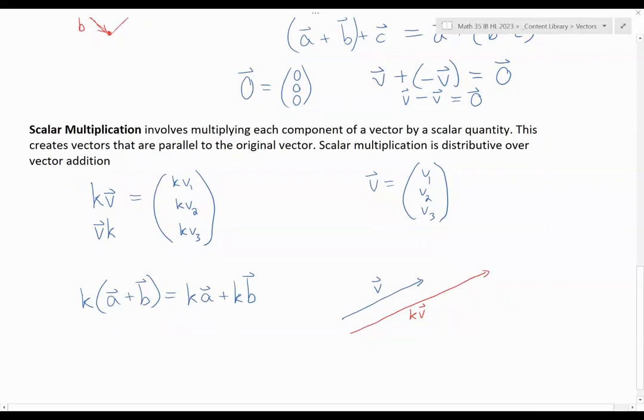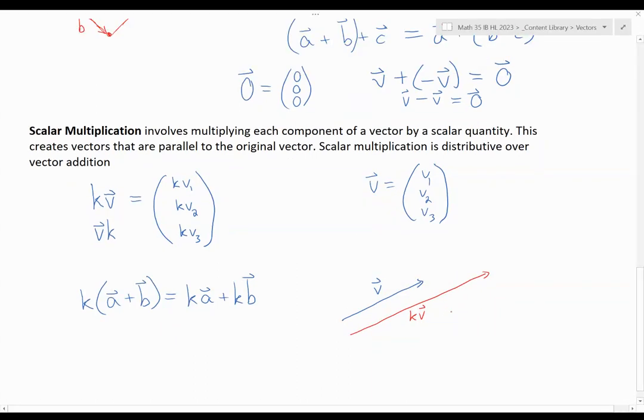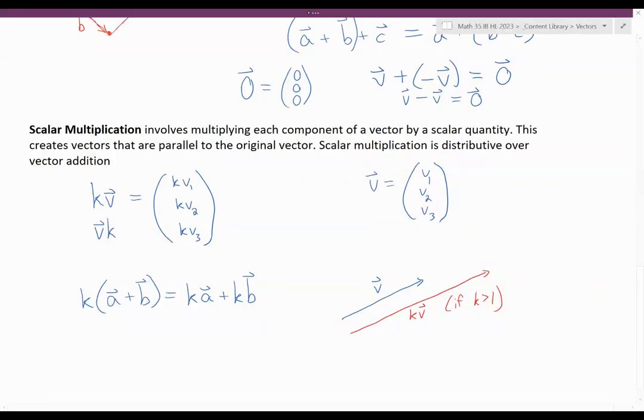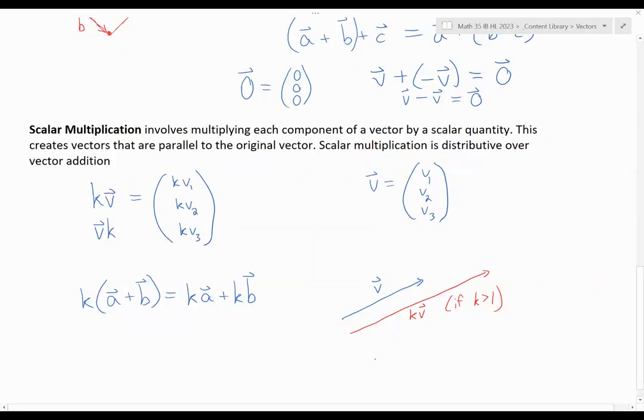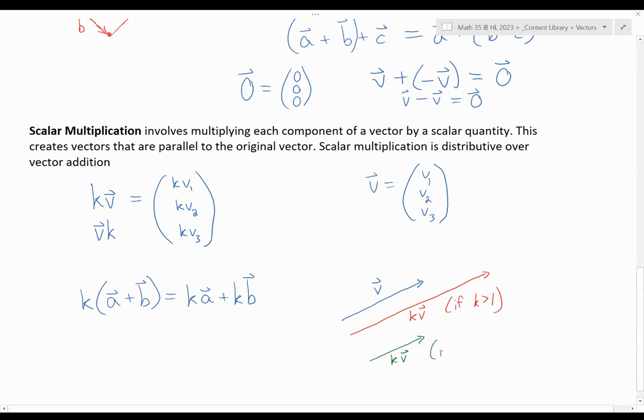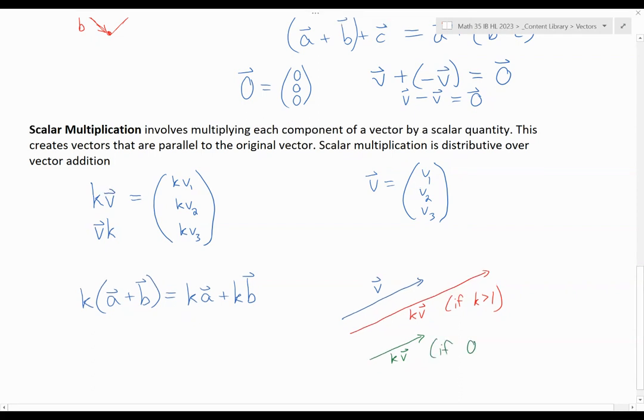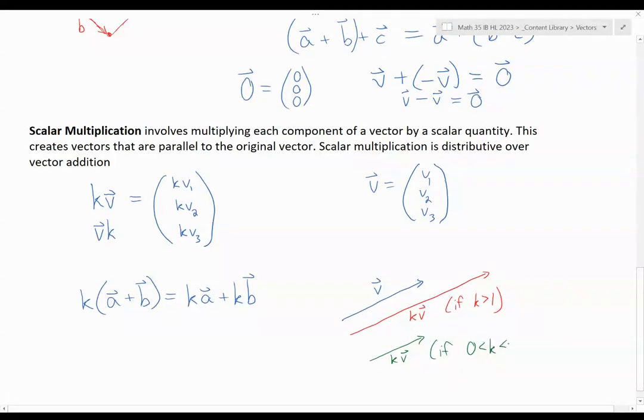So this would be if k is greater than 1. If k is less than 1, then that's going to shorten kv, still parallel, it's going in the same direction. And the way I've drawn it, actually, it's specifically that k is between 0 and 1.